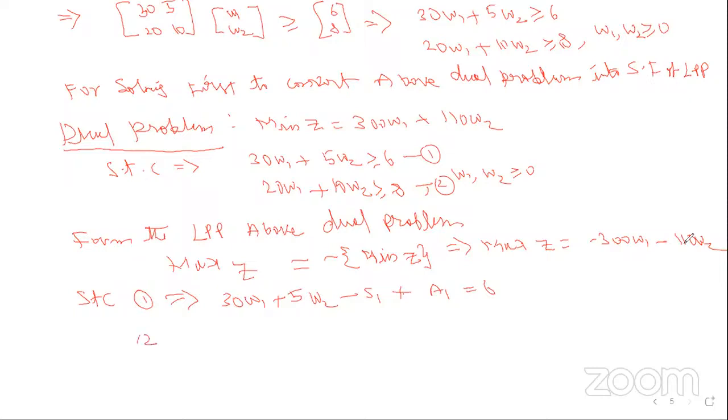Next, the second equation becomes equation number 3. Second equation: 20 W1 plus 10 W2 minus S2 plus A2 equal to 8. Equation number 4 is considered.